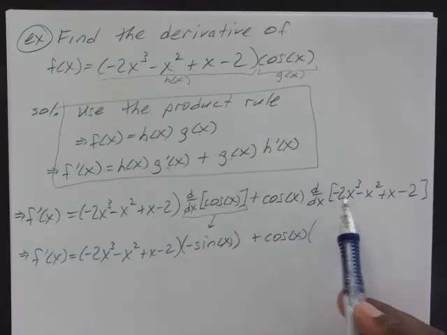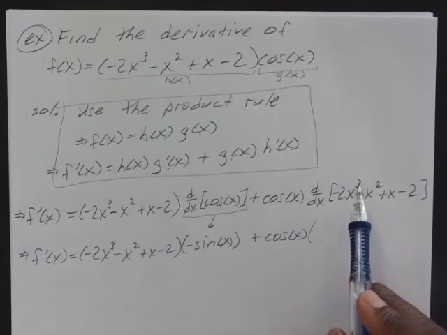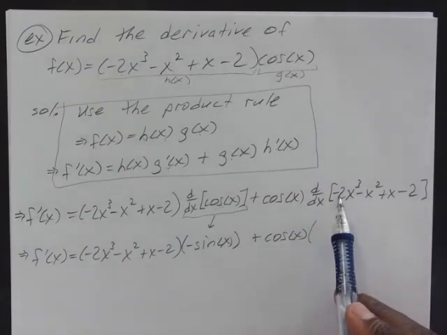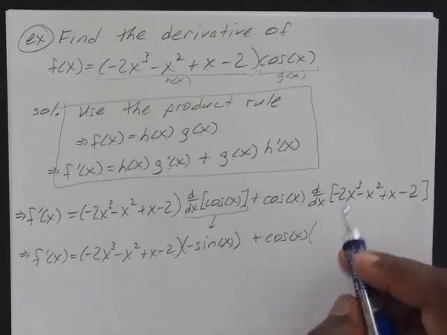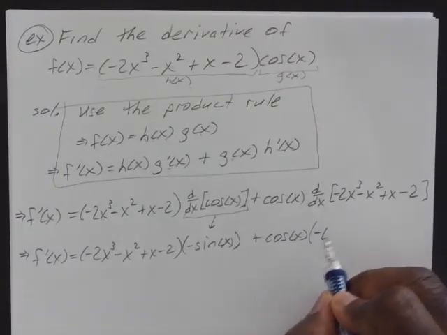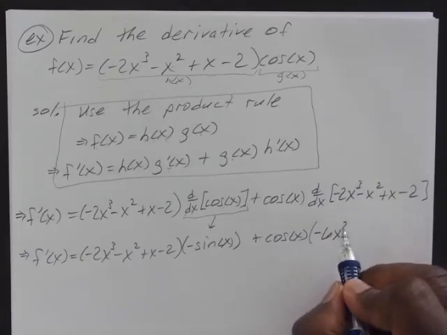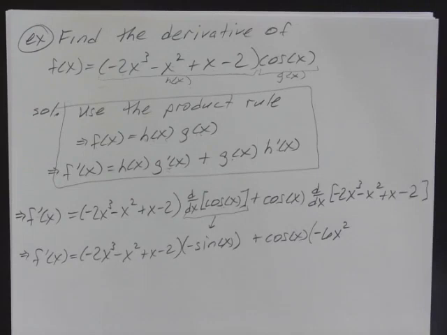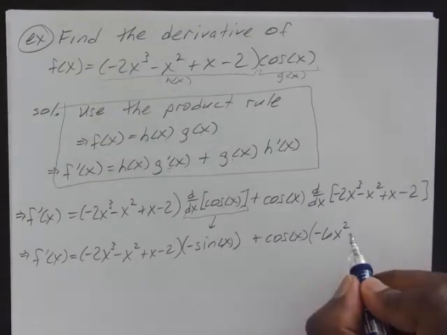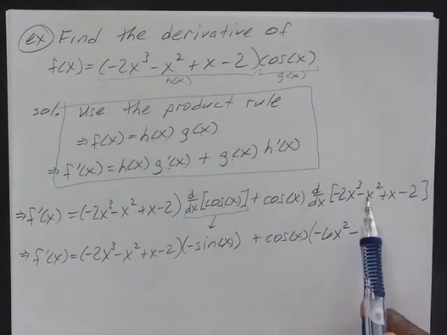So we have negative 2 times the derivative of x to the third power. So using the power rule, we bring that 3 down. So negative 2 times the 3 we brought down is negative 6, times x to the power of 3 minus 1, which is squared. Minus the derivative of x squared.